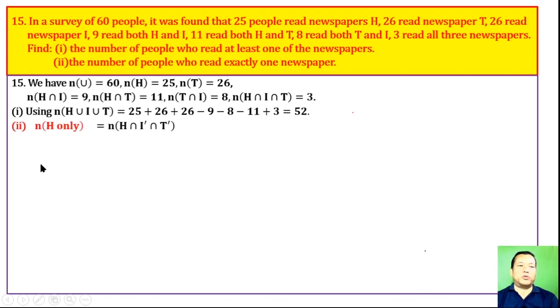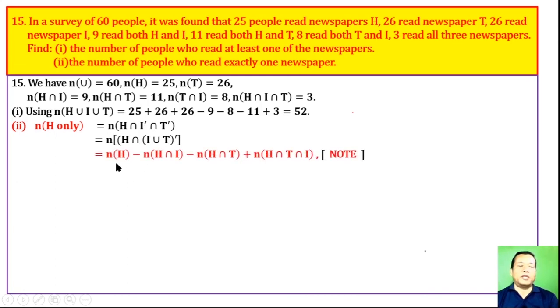For Roman number 2, n(H only) is n(H intersection I complement intersection T complement), which is equal to n(H intersection complement of I union T), which is again equal to n(H) minus n(H intersection I) minus n(H intersection T) plus n(H intersection T intersection I). Note this formula.